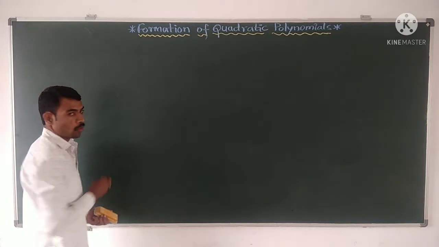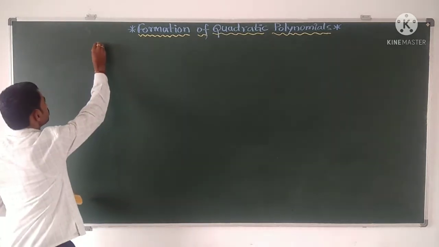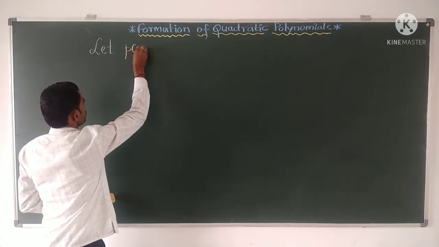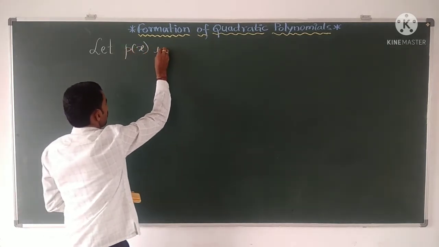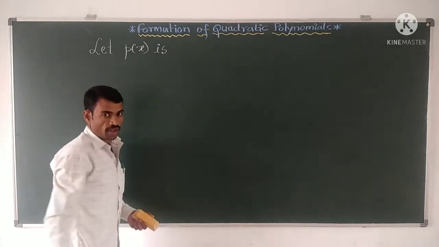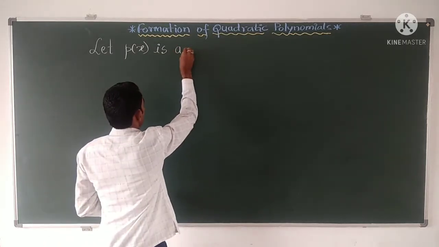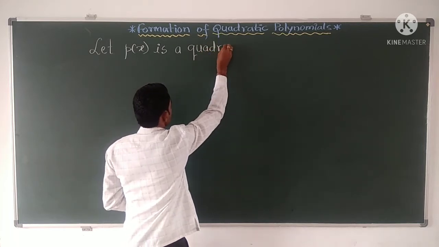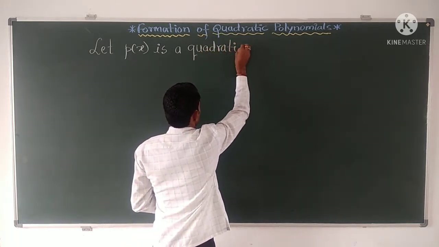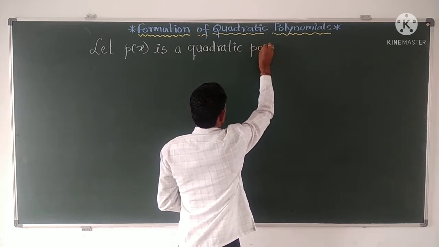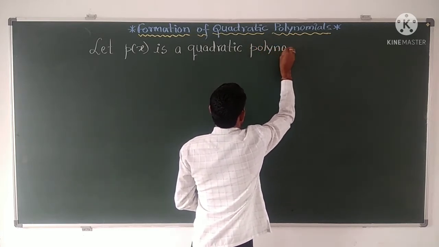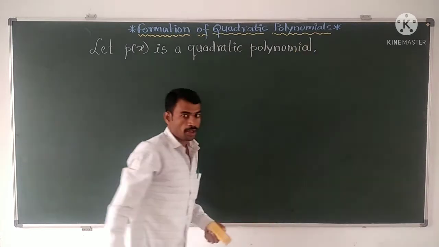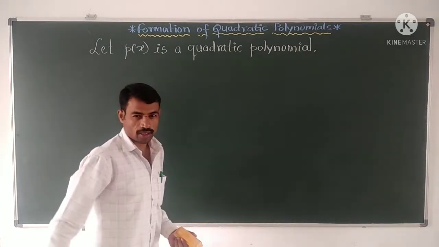Just look at the board. Here, let P of x be a quadratic polynomial. What type of polynomial is it? Quadratic polynomial. P of x is a quadratic polynomial, we have to consider.